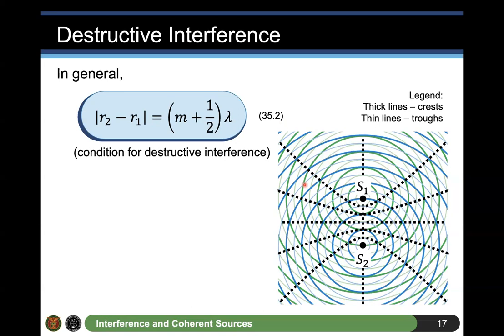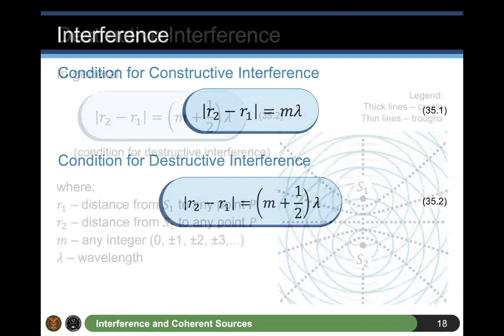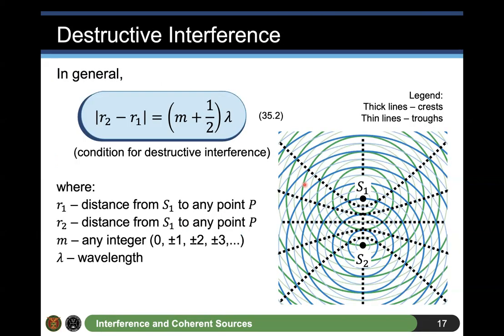So, kung constructive, kung yung path difference ay integer multiple, so m lambda lang, constructive interference. Kapag m plus 1/2, then destructive interference. So, yun lang yung difference nun.